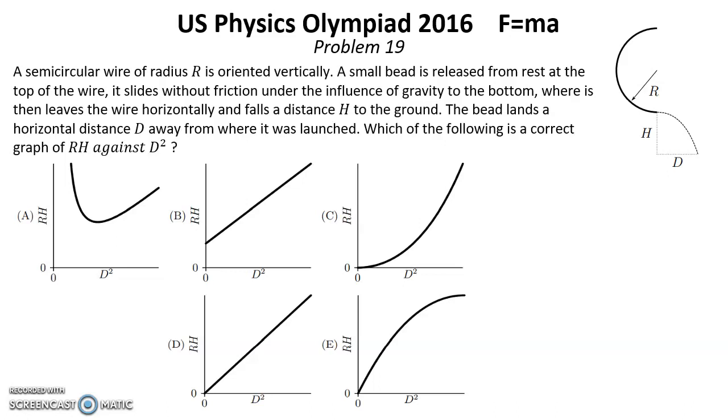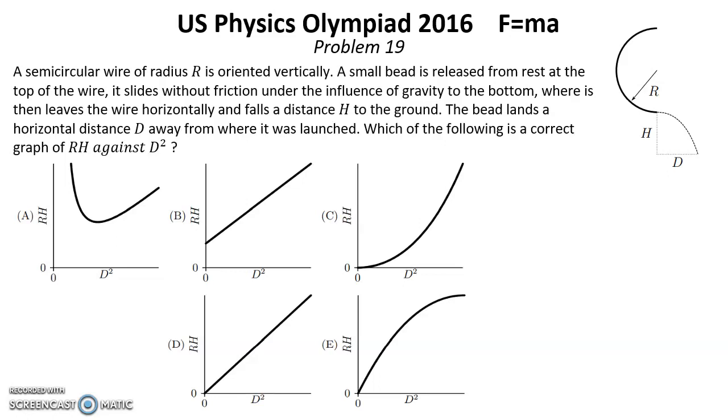The bead lands a horizontal distance d away from where it was launched. Which of the following is a correct graph of rh against d squared? Solution for problem number 19.